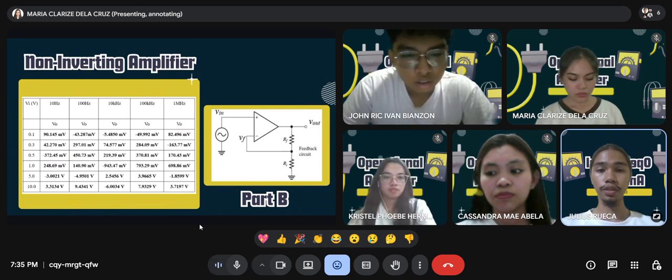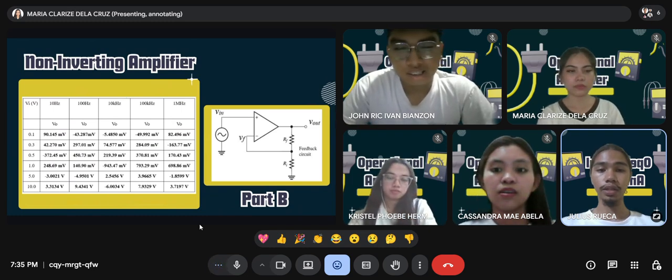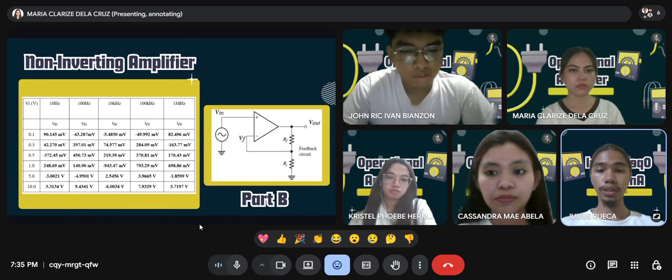While this circuit configuration provides no voltage amplification, its performance confirmed its practical application for isolation and impedance matching, ultimately ensuring excellent signal integrity.